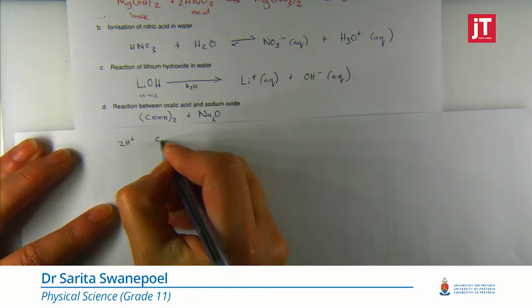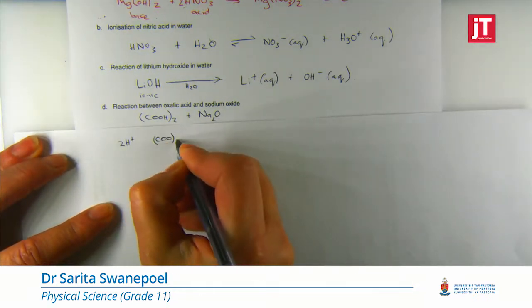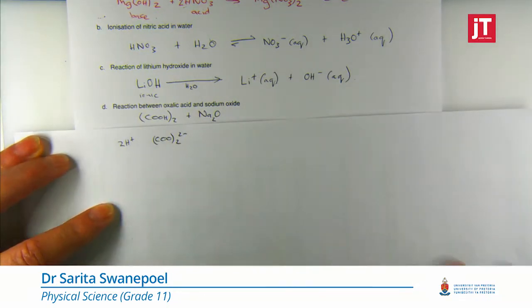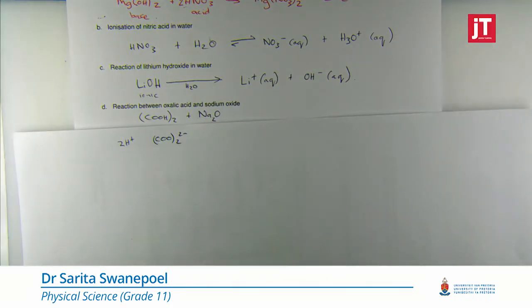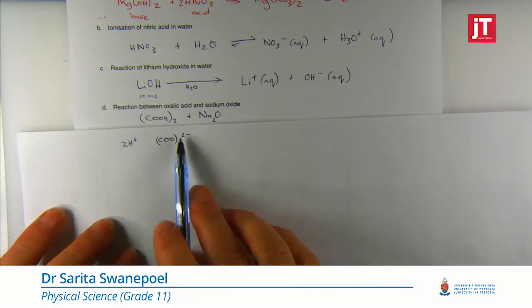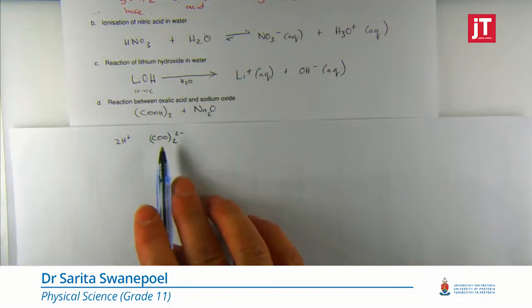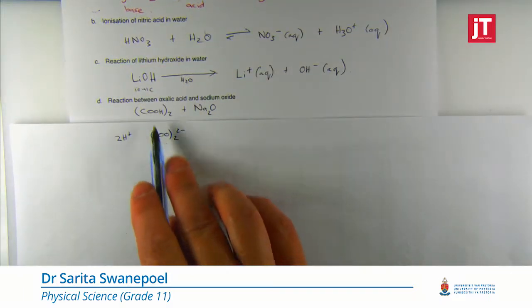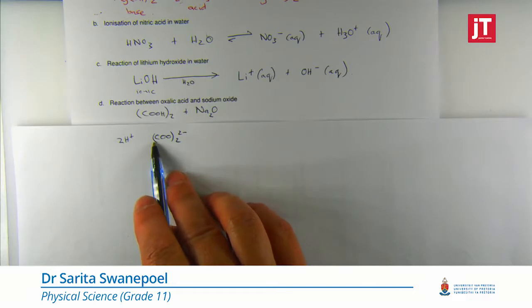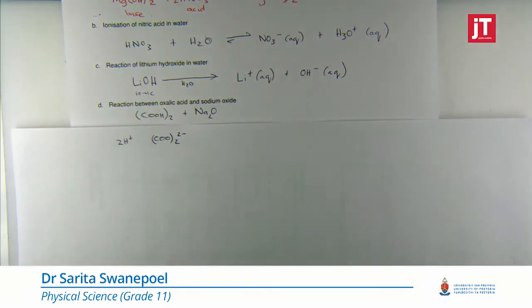So you will end up with (COO)2 2 minus, which is a strange one, right? On your table of ions that we used when we did moles, you have that table of ions. You will see that ion, right? This is oxalic acid. What do we call the anion of oxalic acid? You can turn back.